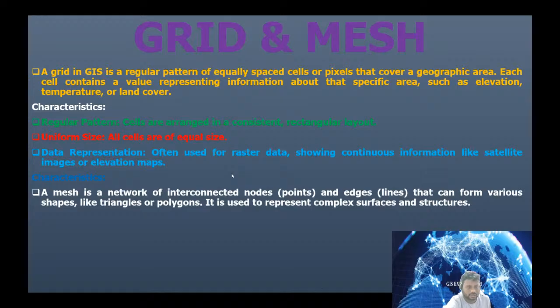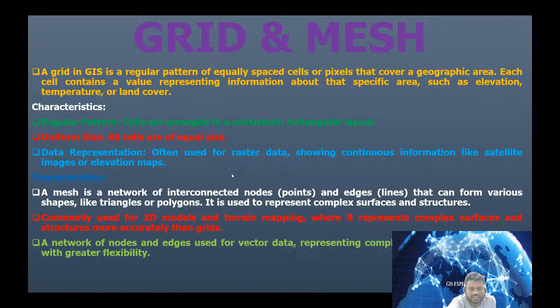In the case of a mesh, a mesh is a network of interconnected nodes, that is the points, and lines that can form various shapes like triangles or polygons. It is used to represent complex surfaces and structures. It is commonly used for 3D models and terrain mapping, where it represents complex surfaces and structures more accurately than grids.